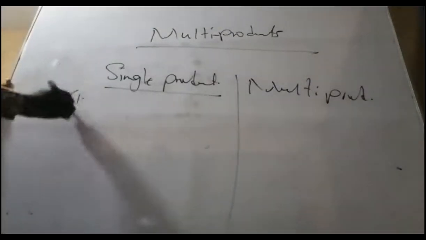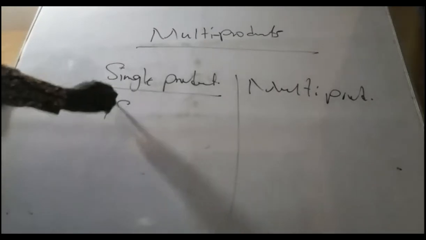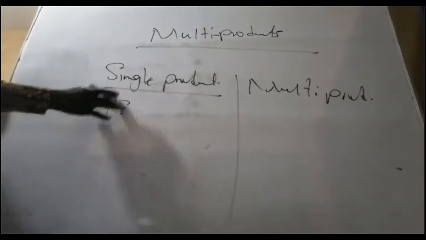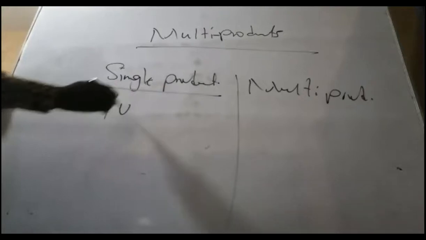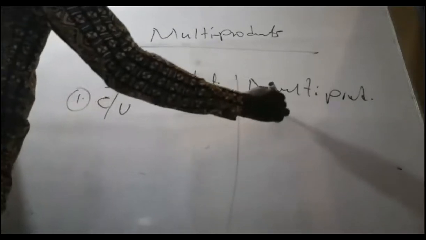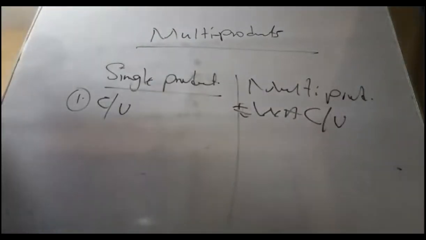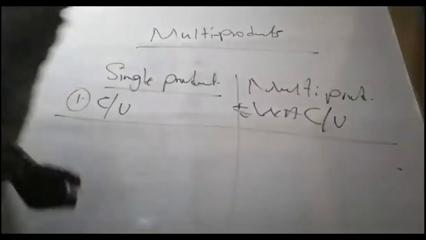Now, number one, where you have something like contribution per unit, under the multi-product we will call it weighted average contribution per unit. Why? Because the products are not just one, they are many. So we weight the average and use the average contribution. That is the first term that you hear.